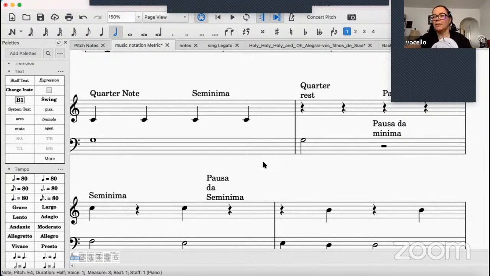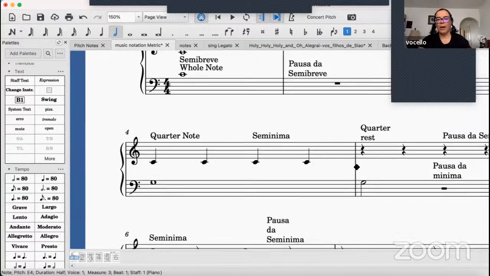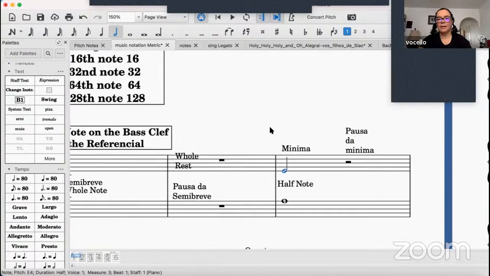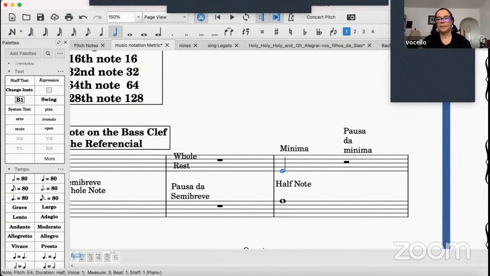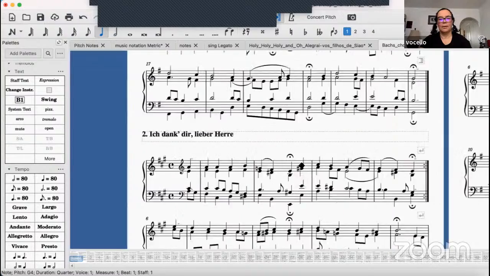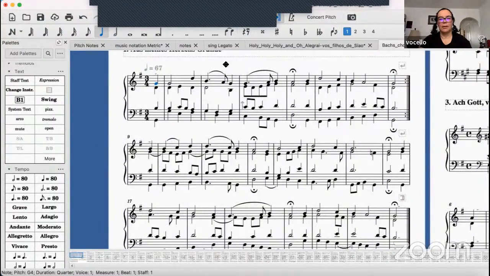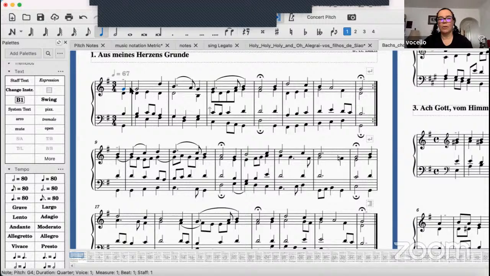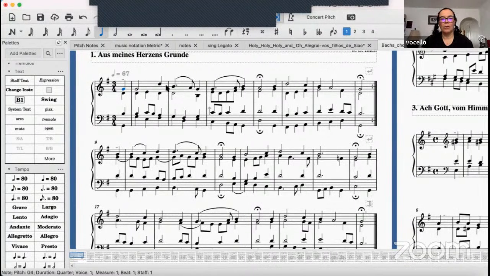Let's do some exercises so we can understand better how to perform those rhythm notes. In relation to the Bach Chorale, on the second one, you just have quarter note, half note, quarter note, dotted quarter note, eighth note, quarter note.